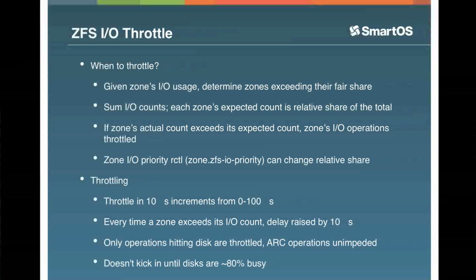So if you're doing your reads and hitting them out of the ARC, that runs at full speed. The other thing is that this doesn't even start until the disks we think are about 80% busy. So if you're doing a lot of I/O but your disk system can handle it, then things just run at full speed.